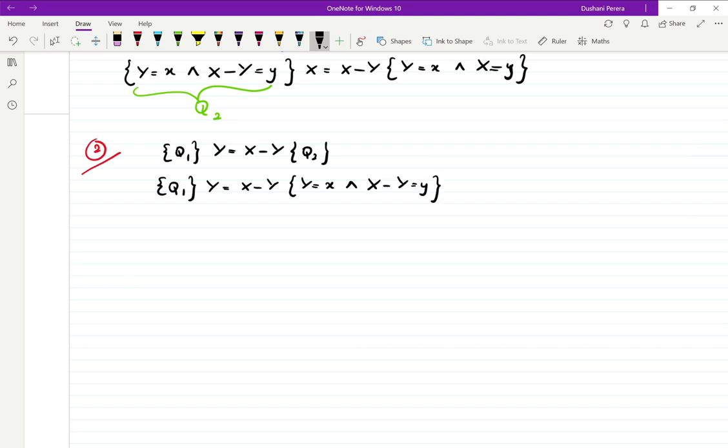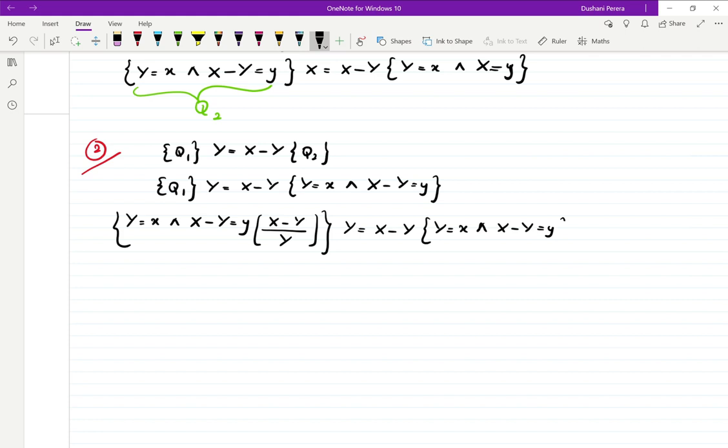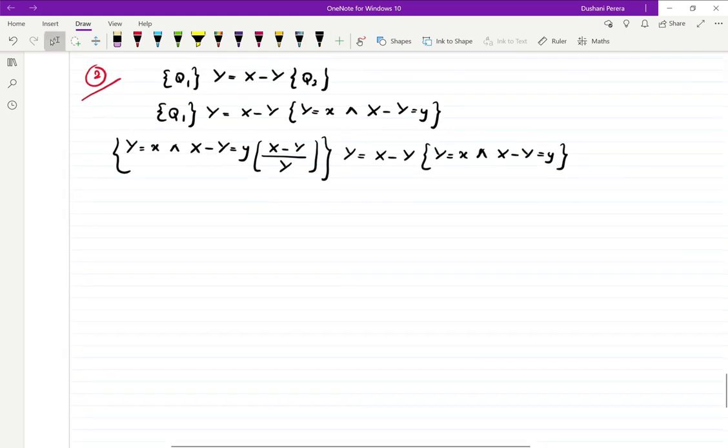Okay, now let's apply the assignment rule. E over x, y equals this and Q. Okay, now let's simplify by applying E's value to x.